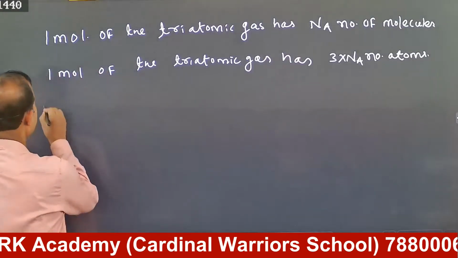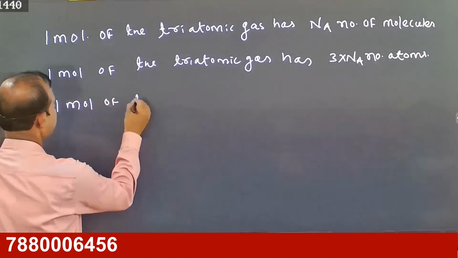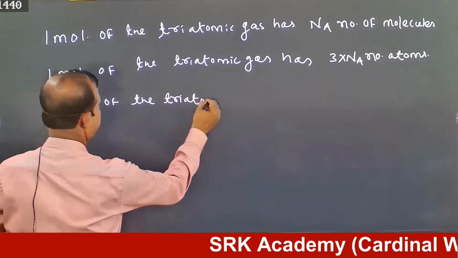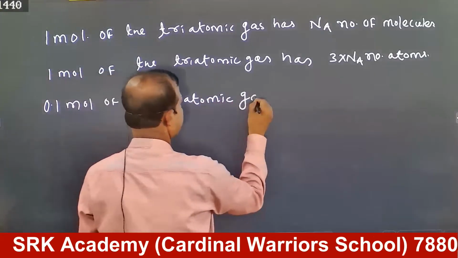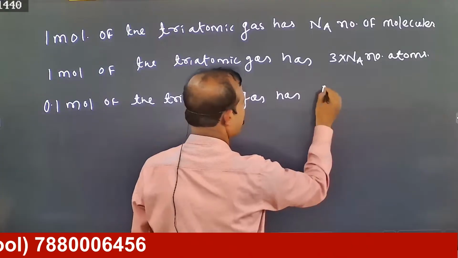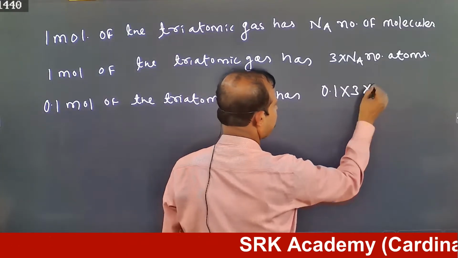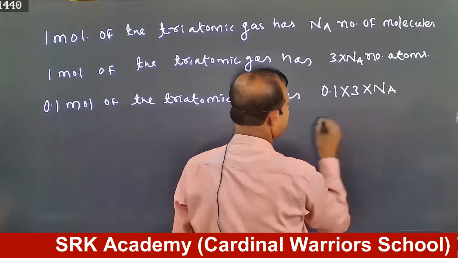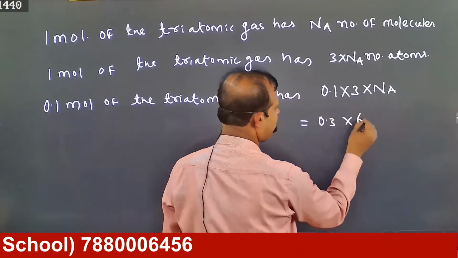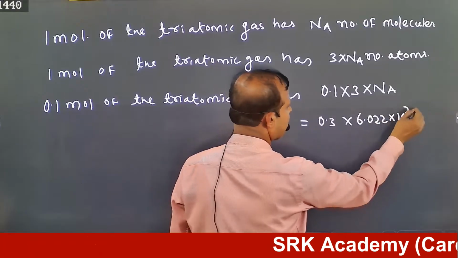Now 1 mole has that much, but 0.1 mole of the triatomic gas has, multiply that with 0.1. So 0.1 into 3 into Na, that is equal to 0.3 into 6.022 into 10 to the power 23.